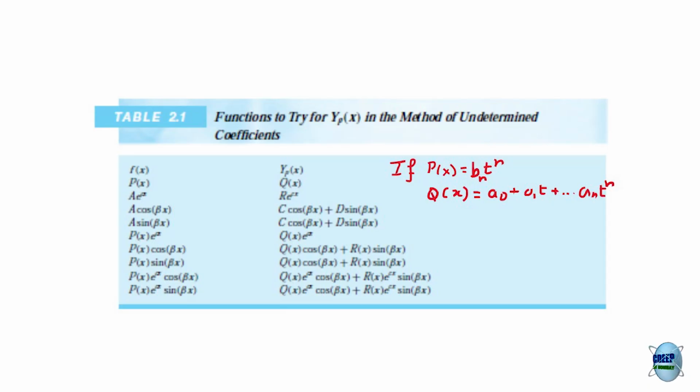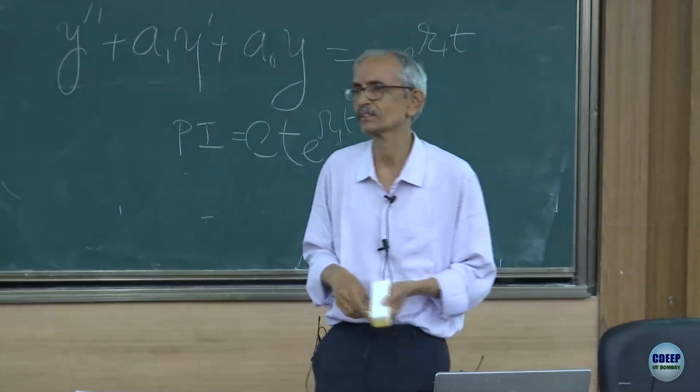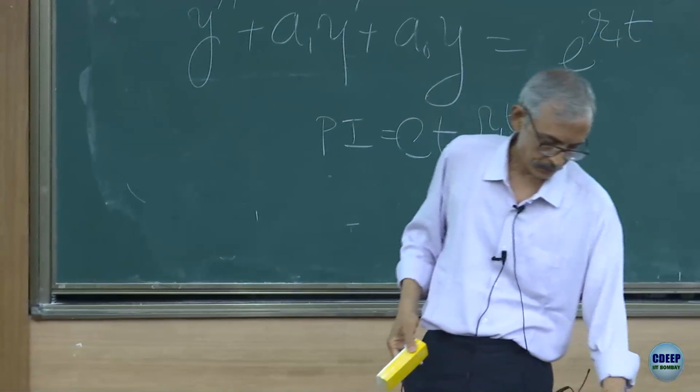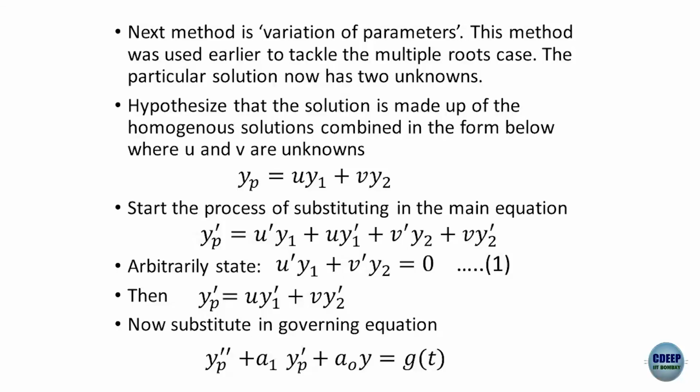It appears to be clumsy as of now, but sometimes it's very handy because you can just look at the right hand side and very quickly get the particular integral. You go ahead and use the suggestion, plug it in and get the so-called undetermined coefficients.